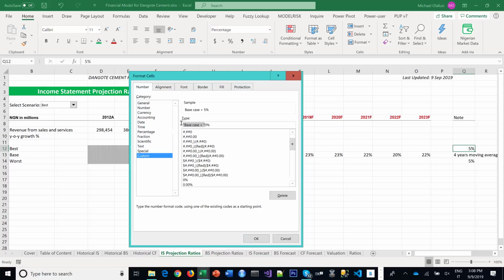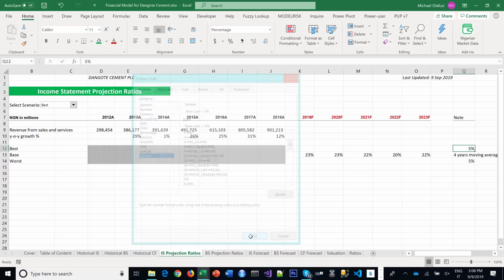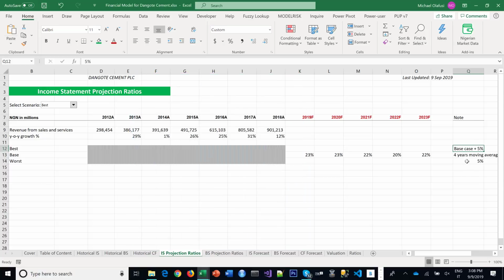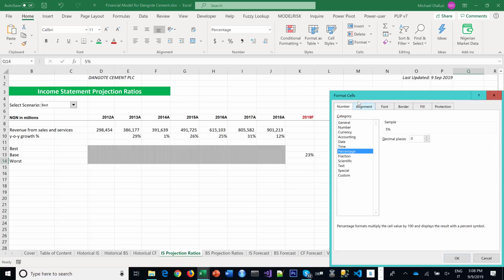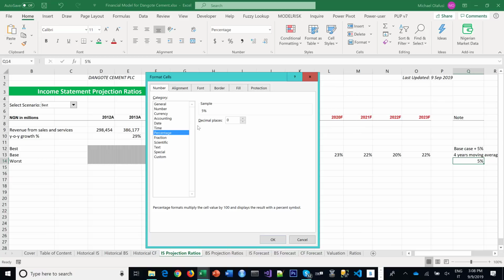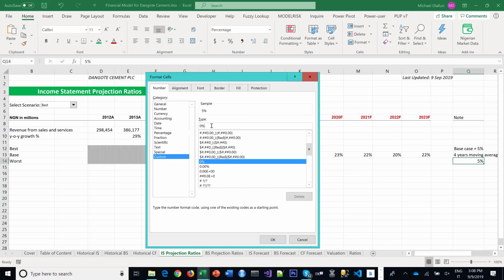I'm going to copy this because I'll need it again, so that begins to show here that way. I'm going to repeat similarly for this. So I'm going to say it's base case minus.